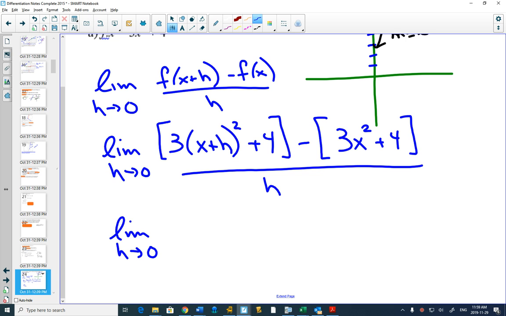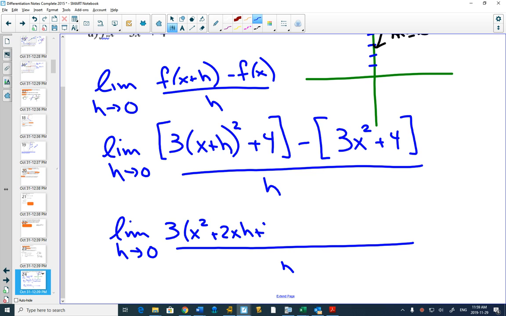You have to keep writing limit h equals 0 all the time. Well, I can expand this. That'll be x squared plus 2xh plus h squared plus 4, and distribute this negative, minus 3x squared minus 4. And then I can distribute this 3.